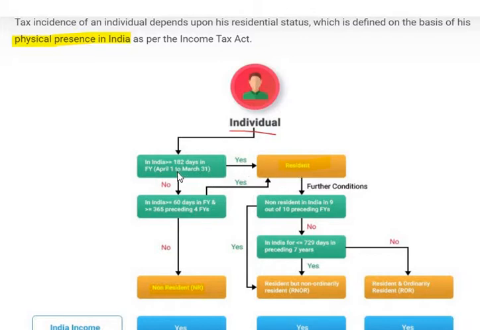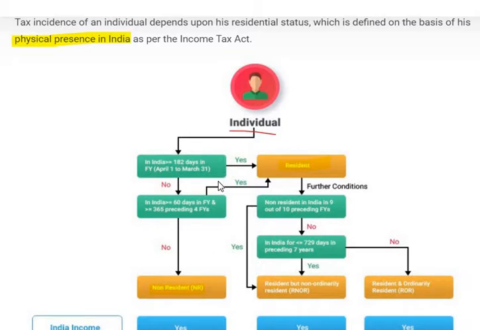If he is not staying in India for 182 days, there is another condition, which is in India for more than 60 days in this financial year and more than 365 days in the preceding 4 financial years. If the answer to this is yes, then also he will be considered as resident in India. If for both these conditions the answer is no, then he will be considered as non-resident in India for this financial year.